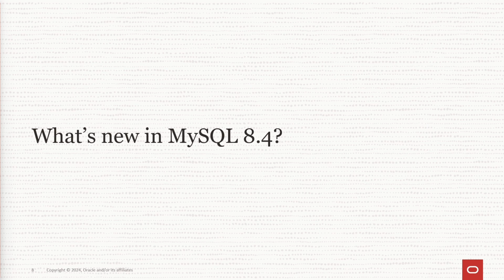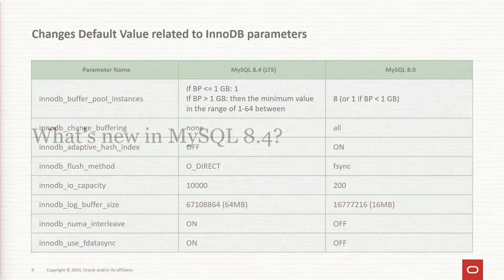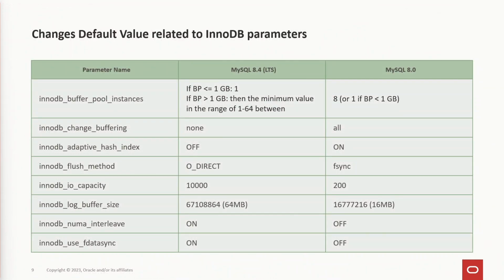So let's start our main topic. As I mentioned previously, we changed some default values, not only for InnoDB but others also. Some small systems don't fit the 8.0 default values.